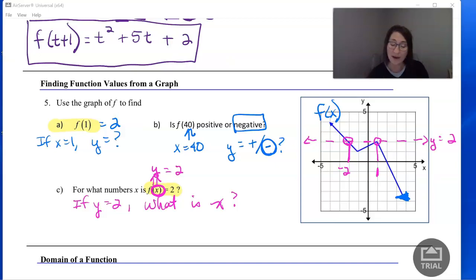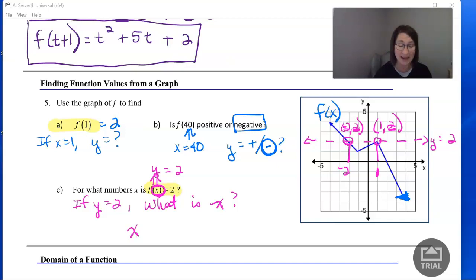And the ordered pairs right there are going to be negative 2, 2, and 1, 2. Okay, so you can see that the y's in both of those ordered pairs are 2. And my x values, I have 2 x values.